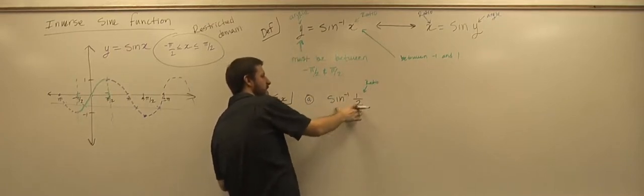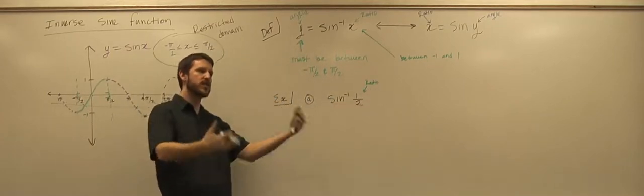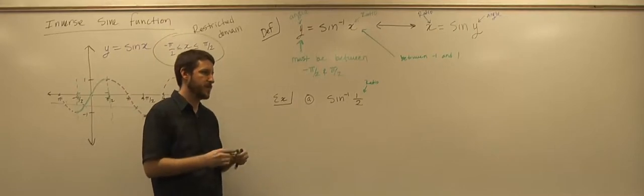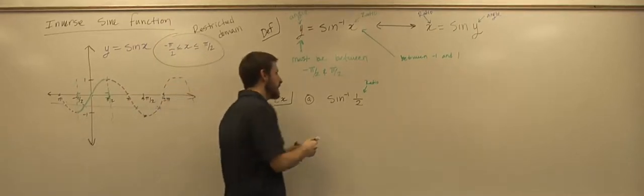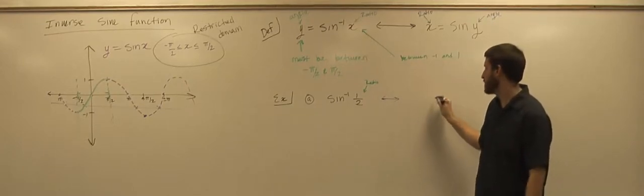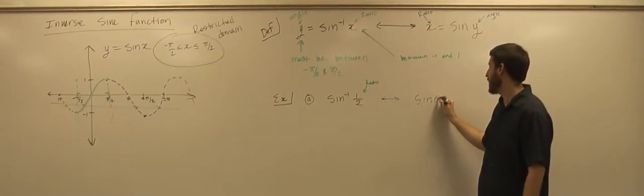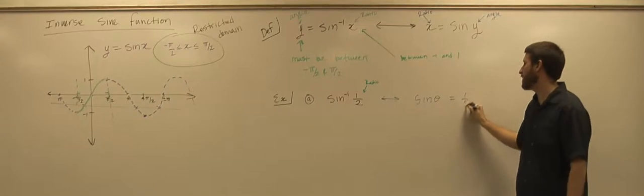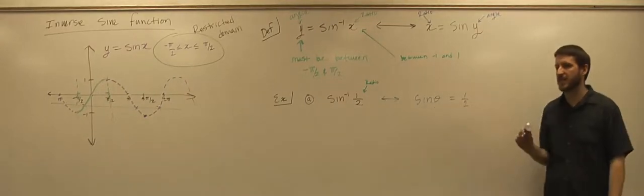And sine inverse is going to give me the angle that makes original sine equal to 1/2. So to rewrite this in terms of original sine, you would say sine of some angle theta has to equal 1/2. And then you would go in and solve for this theta.